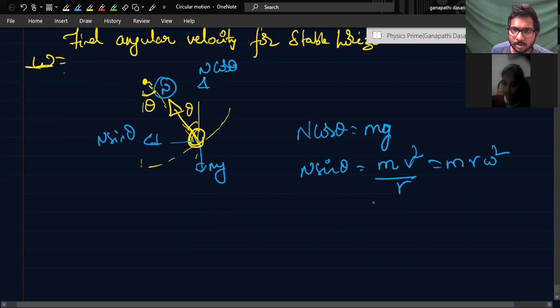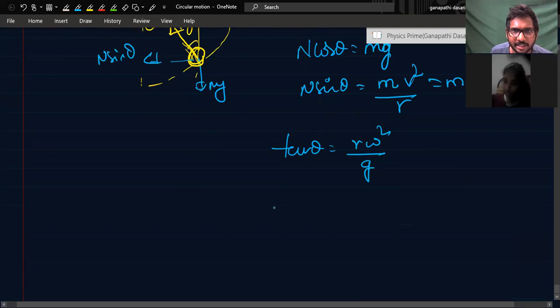Your answer will be tan theta is equal to r omega square divided by g. Omega square is equal to g by r tan theta, nothing new, a similar situation. Omega is under root g by r tan theta.